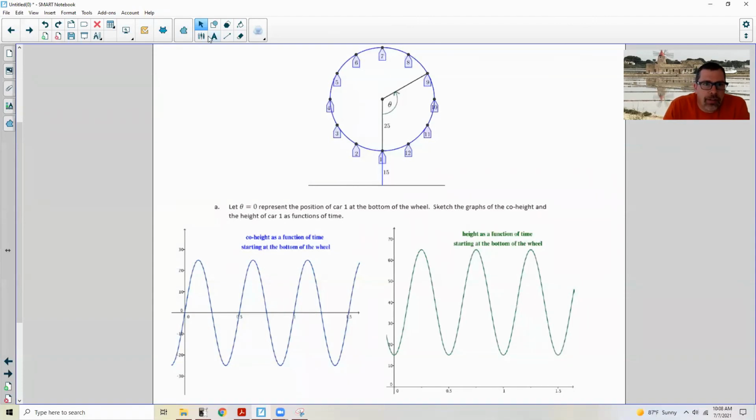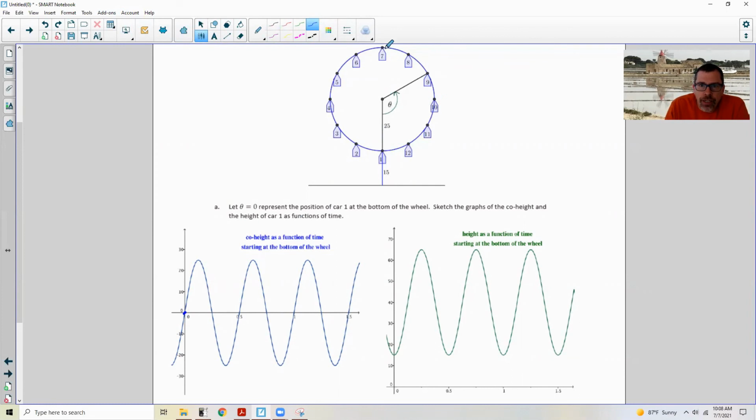Okay, so let's discuss this. Here are the graphs. So we're starting here, time 0. Co-height is 0. Co-height is your left-right direction from center. We're at 0 at time 0. This thing rotates 2 rotations every minute. So 1 full rotation is 30 seconds.